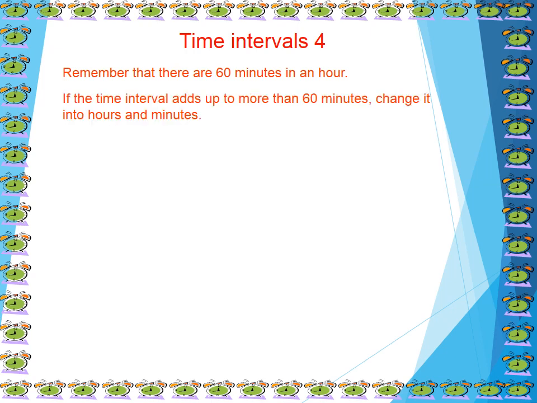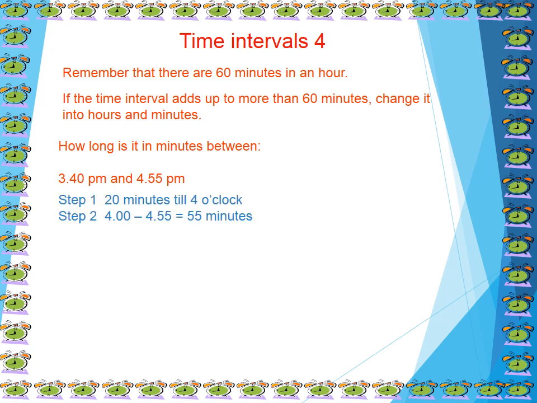Now, if the time interval adds up to more than 60 minutes, what do we have to do? Change it into hours and minutes. How? Let's see this example. How long is it in minutes between 3:40 p.m. and 4:55 p.m.? We said we have two steps.